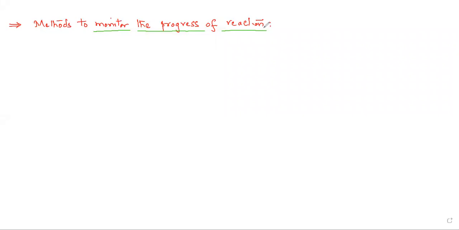But in these cases, we will be given something else. I mean, we are given something about the reaction or the progress of the reaction other than the concentration of the reactant, mostly about the product. Let me tell you that.